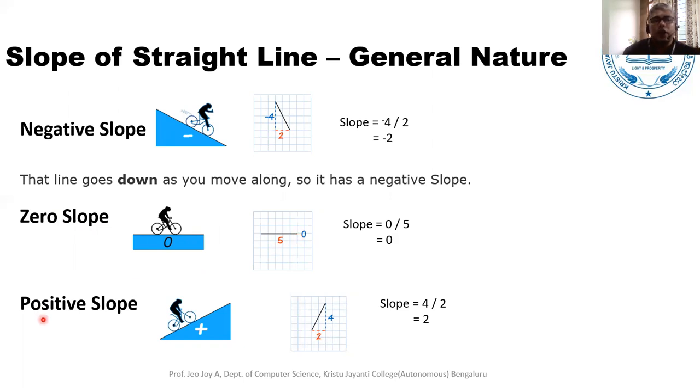You can have straight lines with positive slope. The inclination is shown here. Here y2 minus y1 is positive, as well as x2 minus x1. That is why you get a positive slope. Or you can have the numerator as well as the denominator both negative, and then also you get a positive slope.